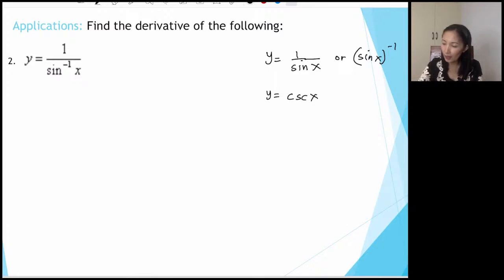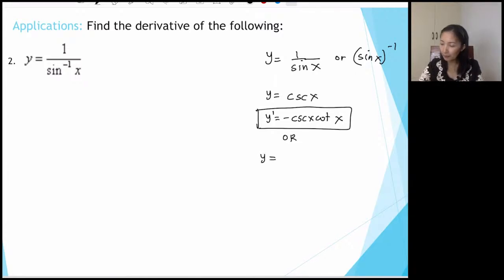If you express 1 over sine x as cosecant x, y prime is negative cosecant x cotangent x. How about if I express it as sine x raised to negative 1? Will I end up with the same answer?